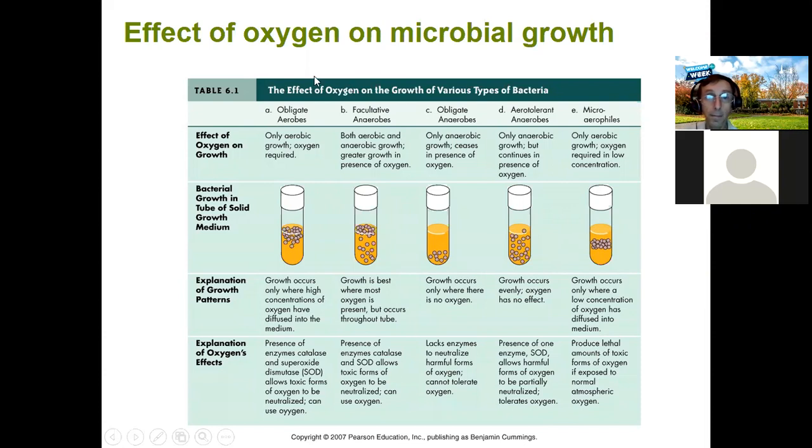So we can make a thioglycolate tube, and when that tube comes out of the autoclave, thioglycolate removes all oxygen from the media. However, the tube is open to the air, and so oxygen comes back into the tube. And so at the top of the tube, we'll have about 21% oxygen.